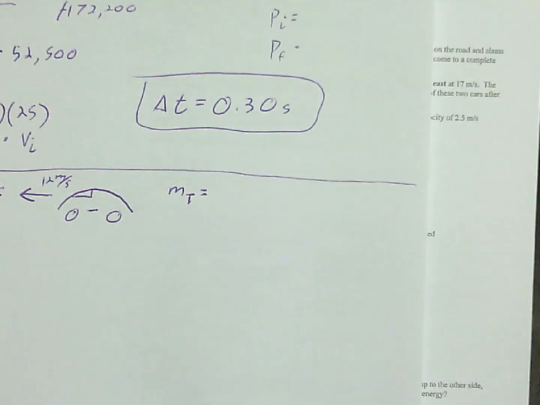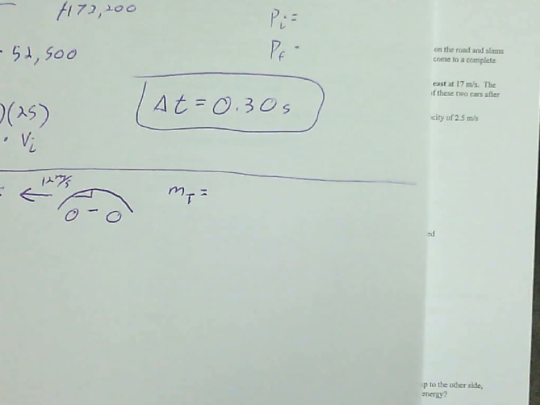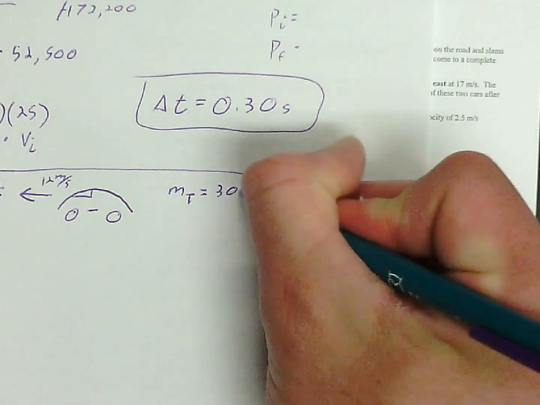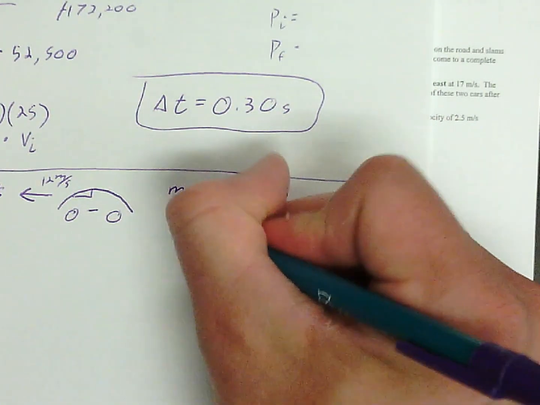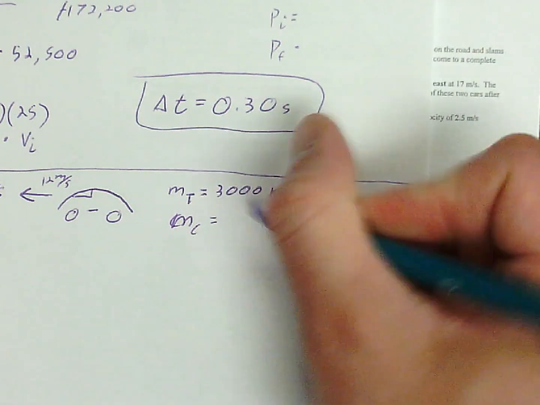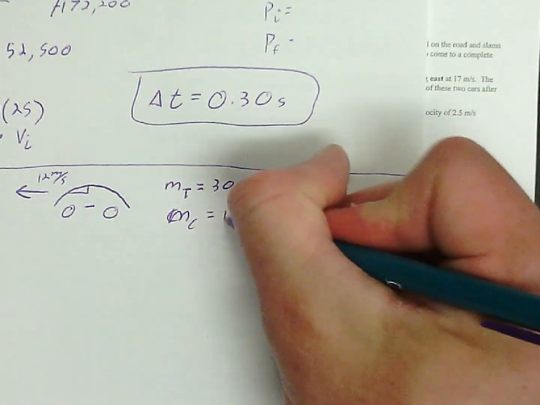You could call it m1, m2, however you want to do it. I'm just going to separate them this way. So mass of the truck is 3,000. Mass of the car is 1,000.